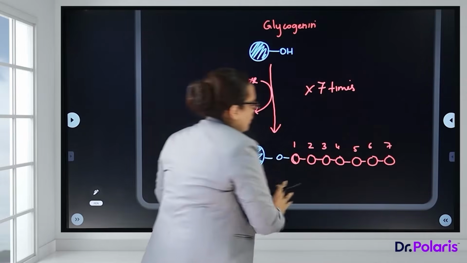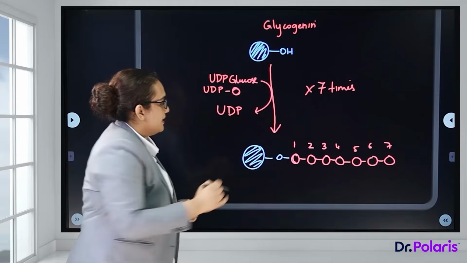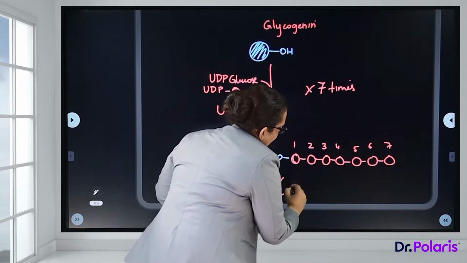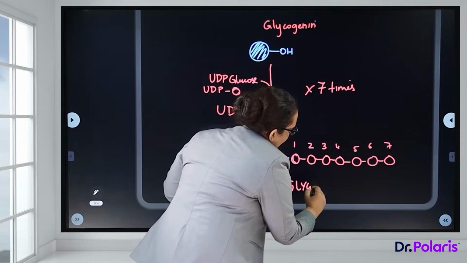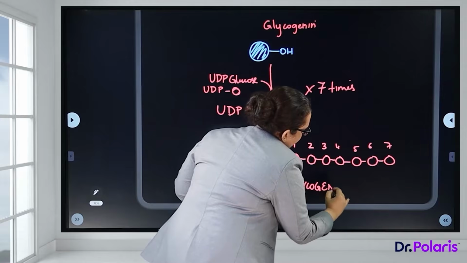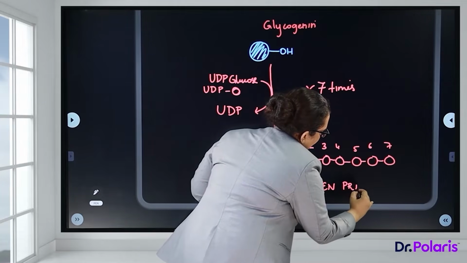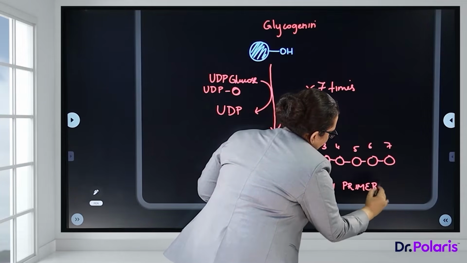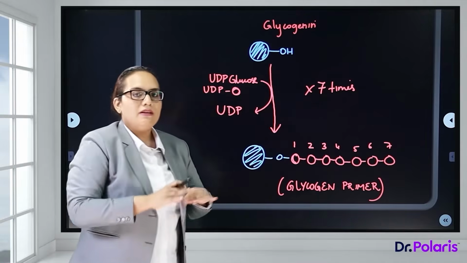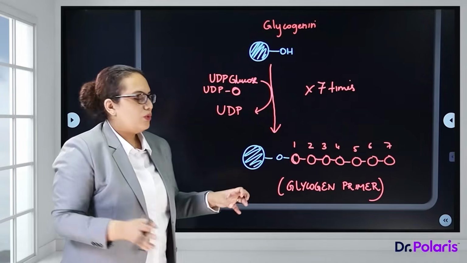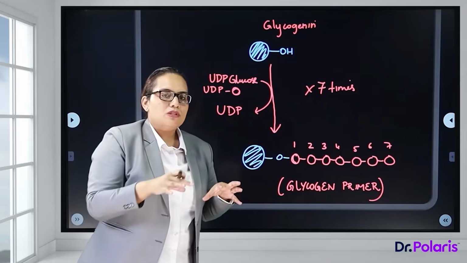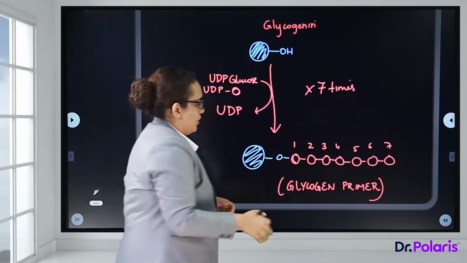So like this you get a short stretch of glucose unit. This is known as glycogen primer. So we are done with the foundation. Now all we have to do is just add a lot more glucose molecules to form the glycogen molecule.